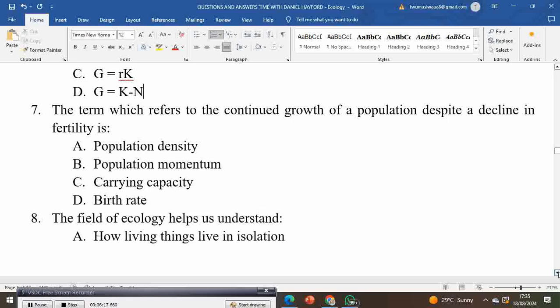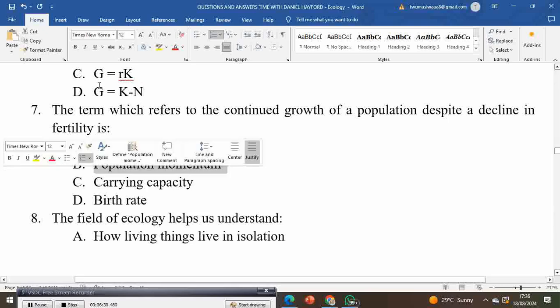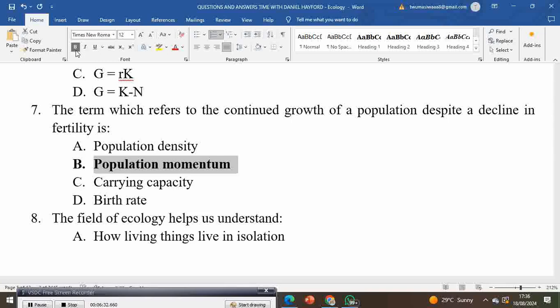Which one is your best shot? I think option B, population momentum, should be the answer. In other words, population momentum refers to the continued growth of a population despite a decline in fertility.